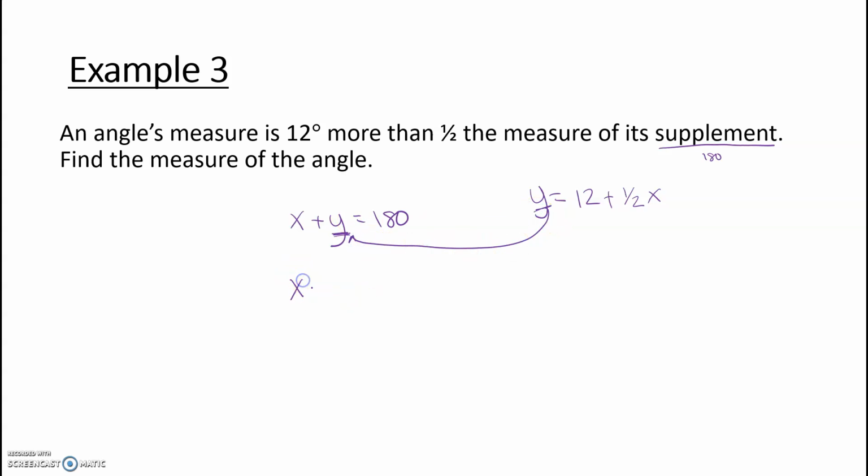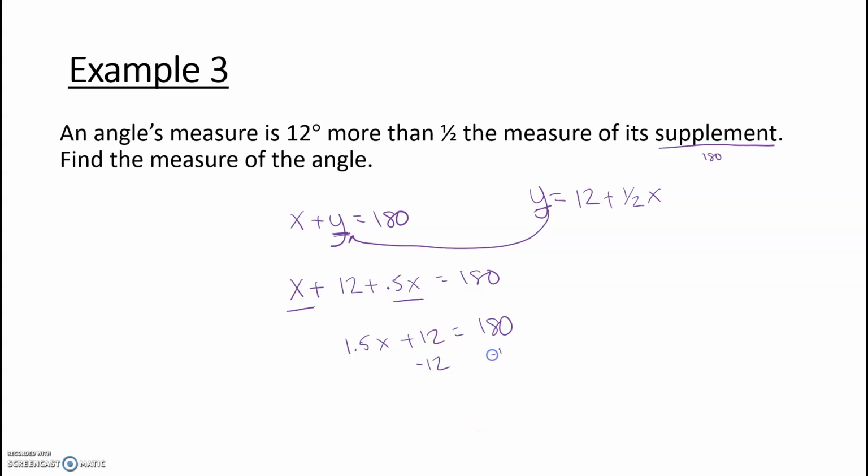So I've got x, and then instead of y, I'm going to say it's 12 more than half. I'm going to write that as a decimal, 0.5. X still equals 180. So all we do is we plug that in. And now we can combine our like terms. 1x plus 0.5x makes 1.5x plus 12 equals 180.